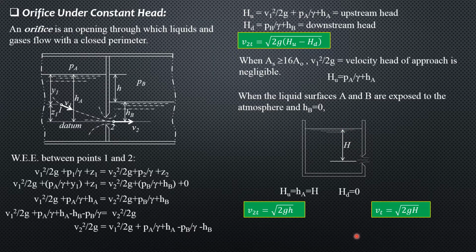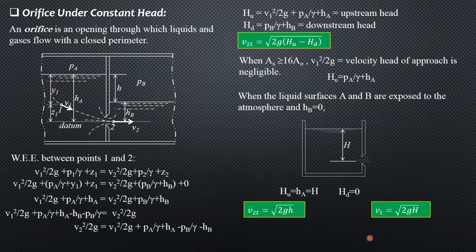Or in general, theoretical velocity is square root of 2g times big H, as in this case here. So the actual velocity at the vena contracta of the orifice, which is at point 2, because area at point 2 will reduce because of these particles here coming from here, so the area converges or contracts.